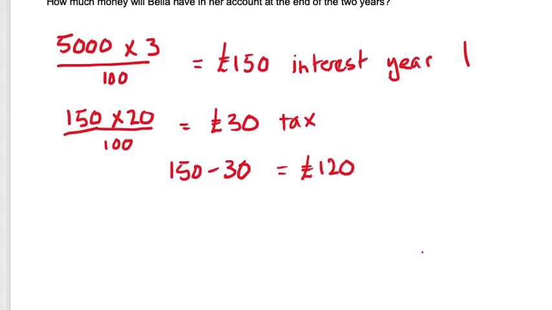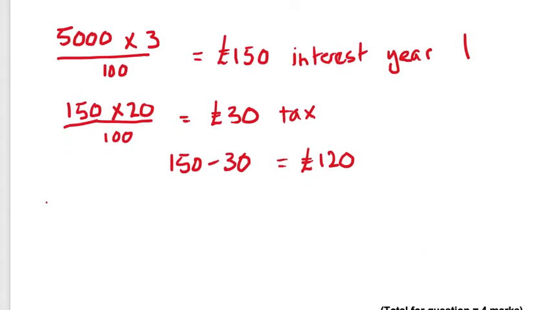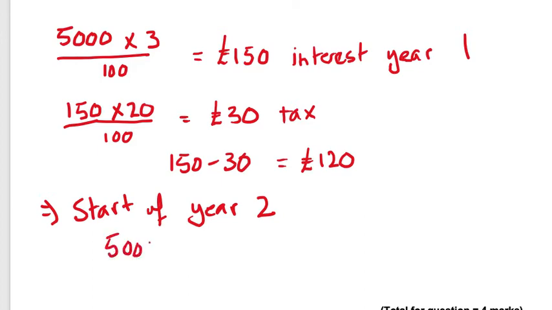So the start of the first year, so I'm just going to write start of year 2, she has £5,000, which was the original amount, plus the interest subtract the tax, which means that she starts year 2 with £5,120.